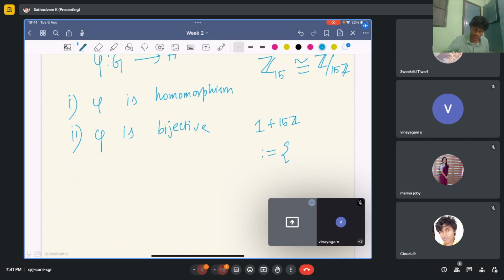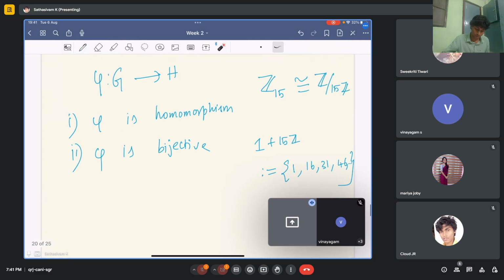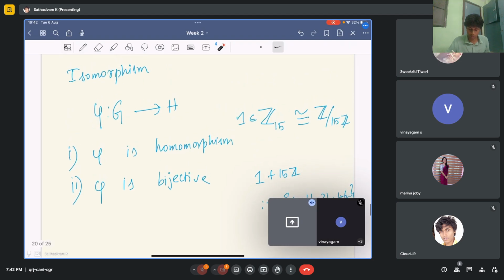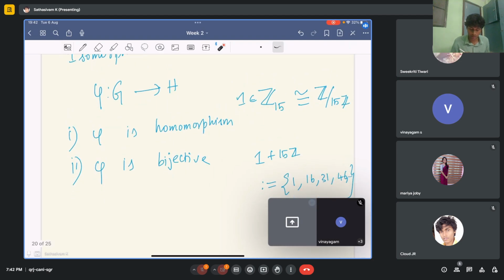In Z mod 15Z, this element is a set which will be 1, 16, 31, 46, etc. This element is a set, but in this group, the 1 is just one symbol. So in that sense, if you directly look, these groups are not the same because this element is not the same element here. Set theoretically, they are not the same set.